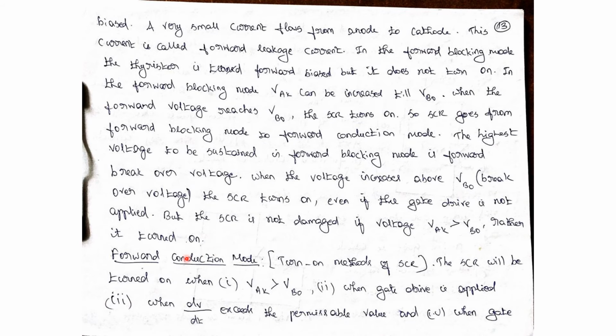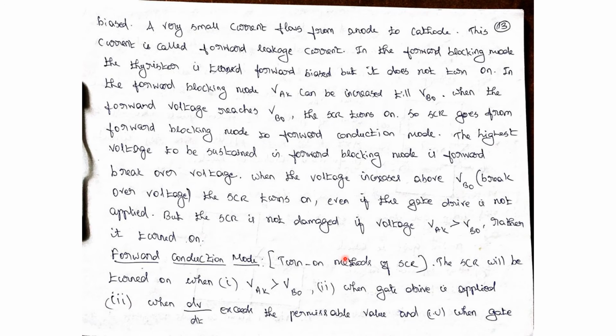When the voltage increases above breakover voltage, the SCR turns on even if the gate drive is not applied. But the SCR is not damaged if the voltage VAK, anode cathode voltage, is greater than VBO, breakover voltage.